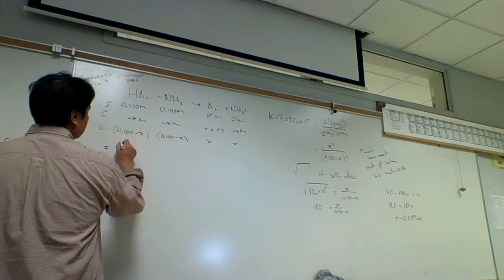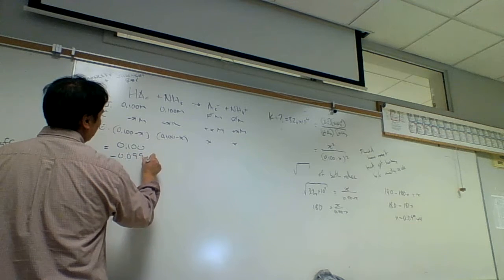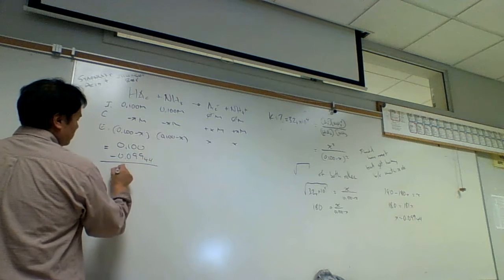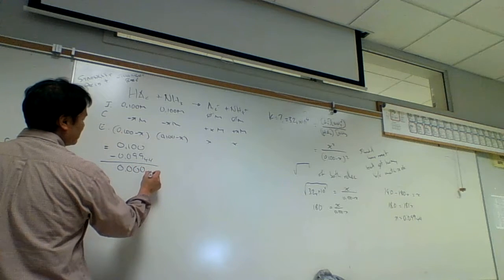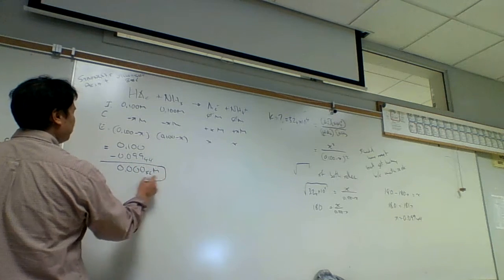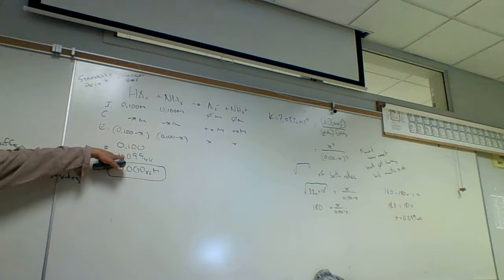So going back over here, it's going to be 0.100 minus 0.09944, which means I'm going to get 0.00056 molar here. In other words, if you look, how much of it did we lose? We lost 99.44% of it. That's a huge change.